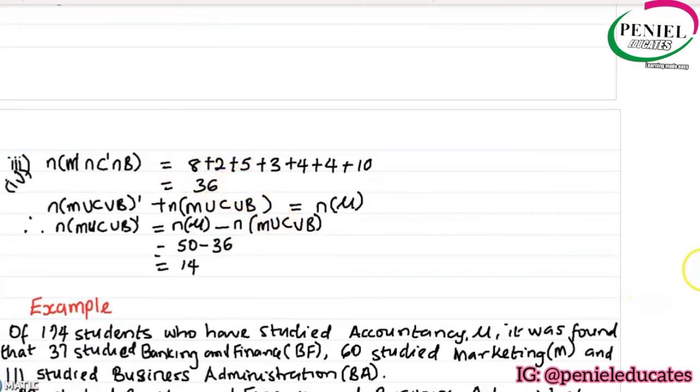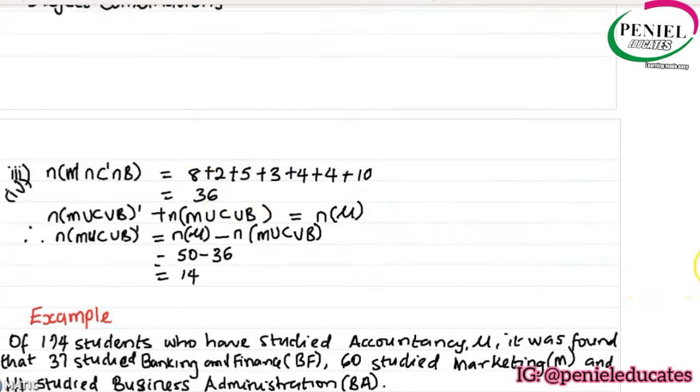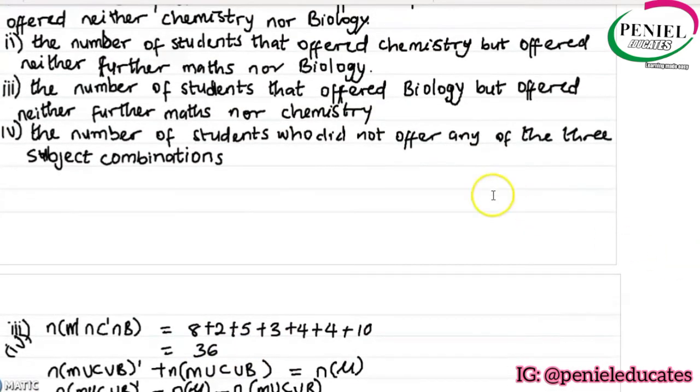Okay, let's quickly look at that. The number of students that offered biology but offered neither further maths nor chemistry. Right, so they're offering biology, but they're not offering further maths or chemistry.